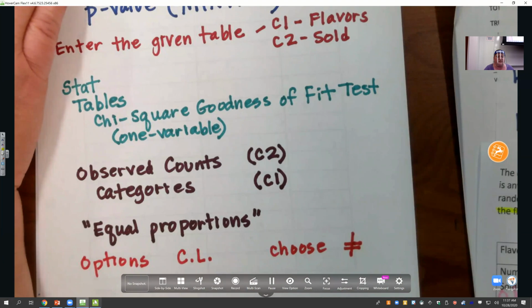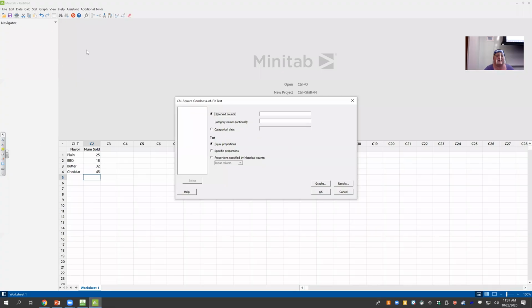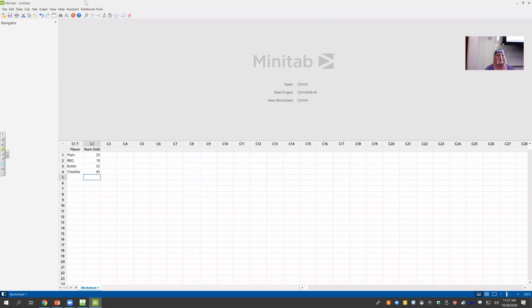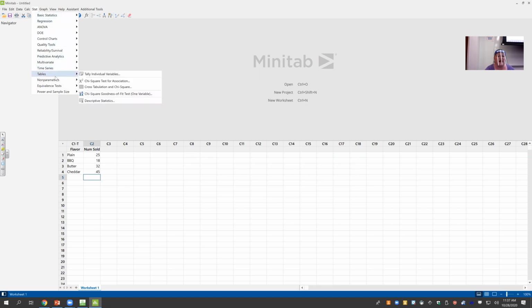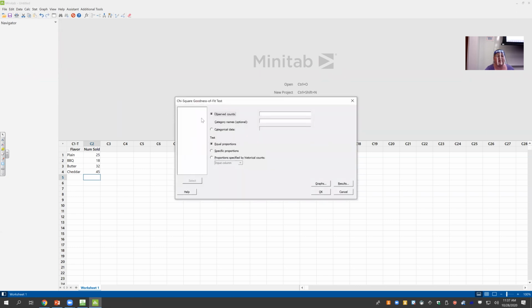Okay, so here we go. Let me start over. I entered the data. We go to Stat at the menu bar, scroll down to Tables, chi-square goodness of fit, one variable. If you'll click in the box next to observed count, that's my numbers. That's in column 2.